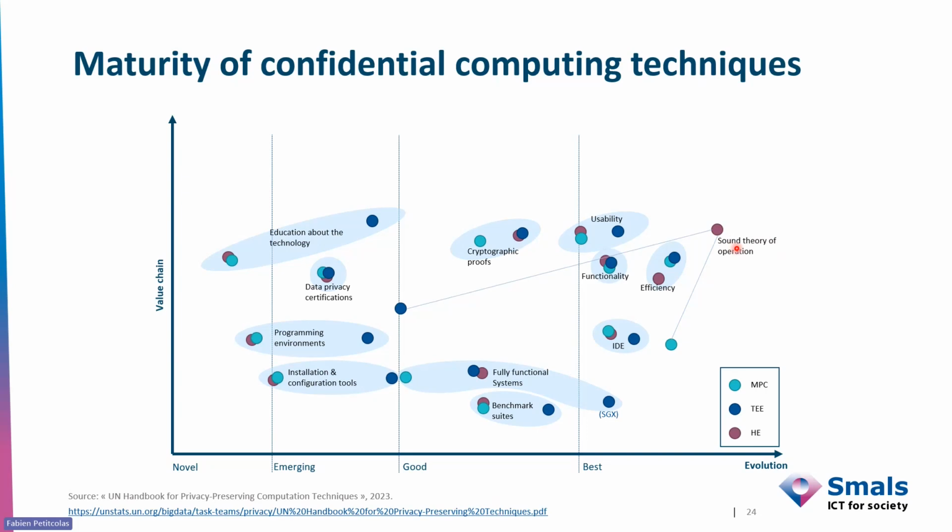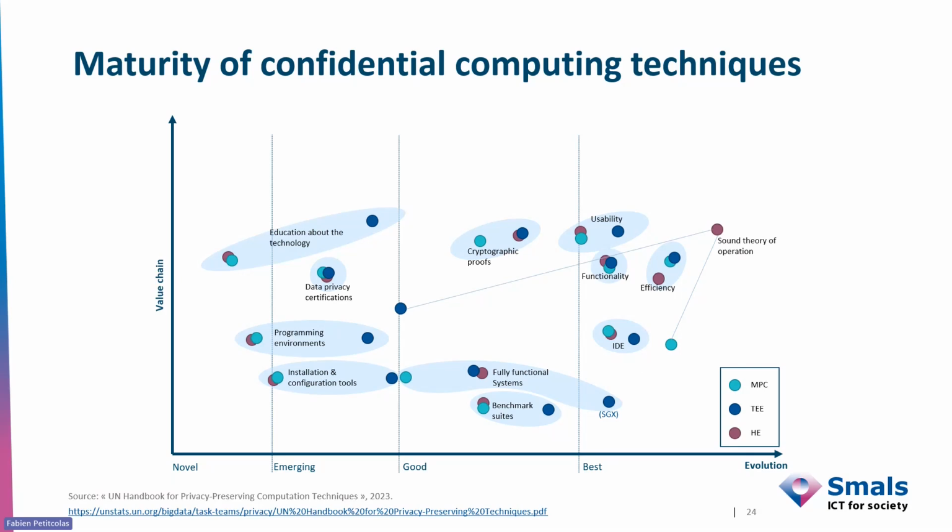As we've seen for homomorphic encryption and multi-party computation, we rely on well-known and understood cryptographic algorithms. But for all the other criteria, whether it's the functional system or benchmark suite or the IDs or others, according to that report, TEEs are more mature.